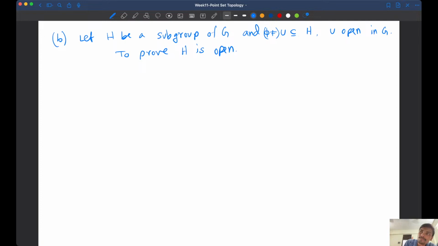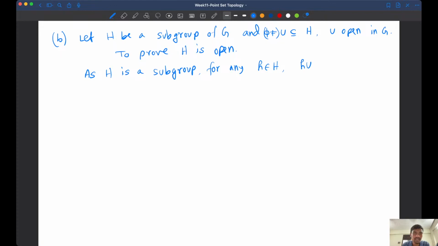So as H is a subgroup, for any h belongs to H, hU is contained inside H. So h belongs to H, and hU is contained inside H, right?